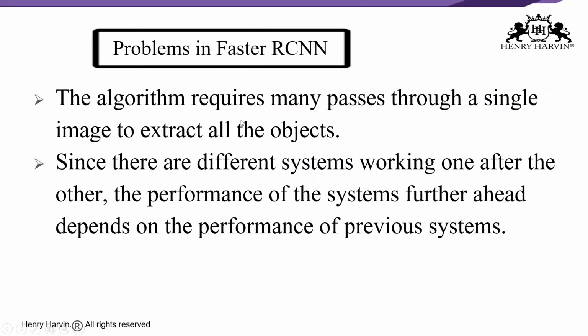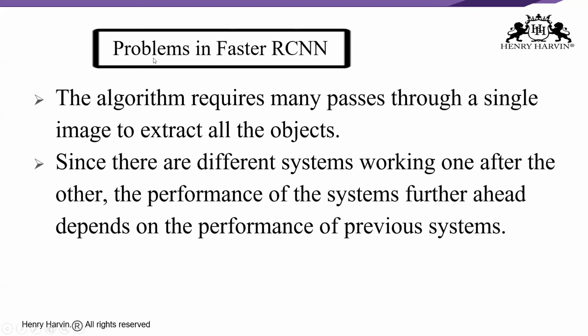Now let us try to understand, are we happy with faster RCNN? As usual, all the object detection algorithms are trying to identify the object. The network does not look at the complete image in one go, but focuses on parts of the image sequentially, right?